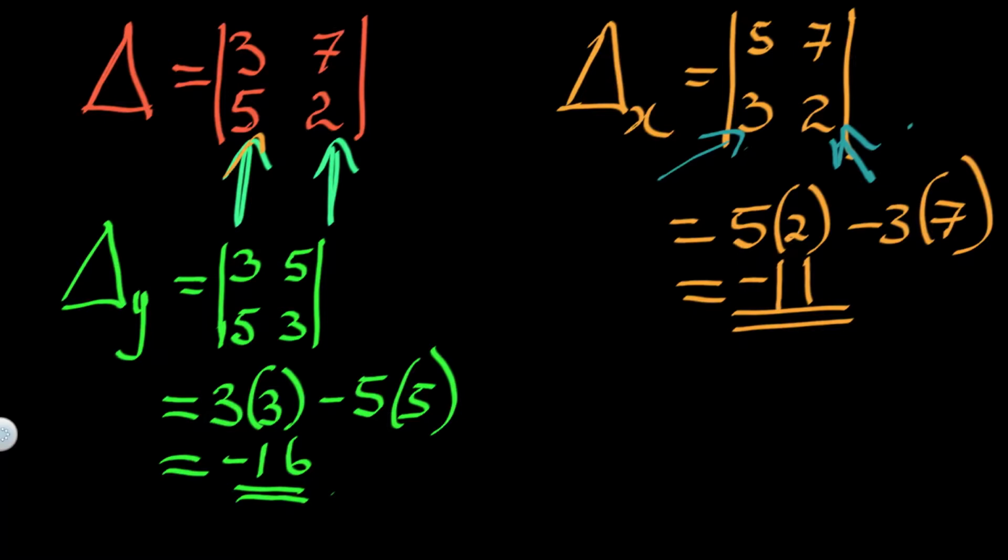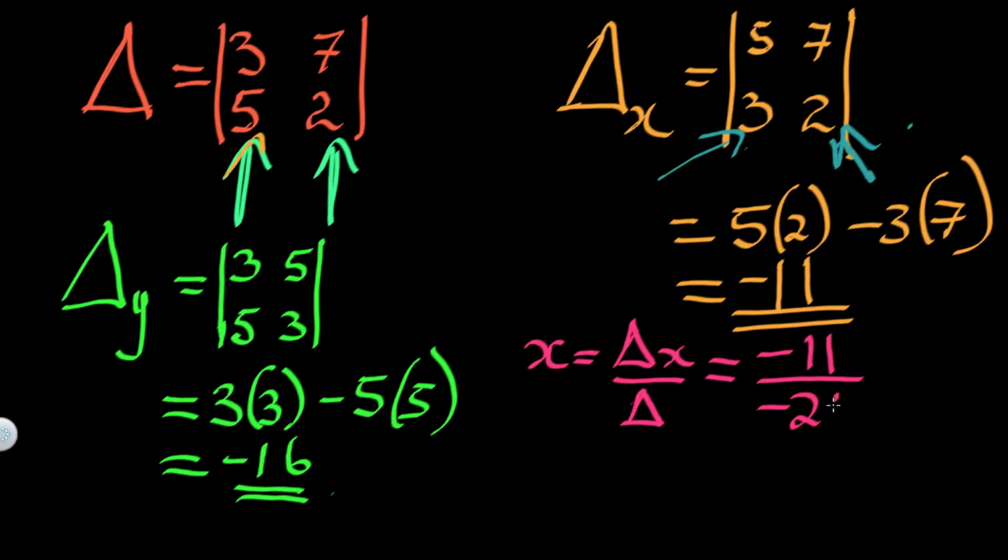Now that we have delta, delta x, and delta y, we can now apply our Cramer's rule to get our x and our y. So let me use a different pen. Now, x is equal to delta x over delta, which in our case is delta x, minus 11, divided by delta, which we got is minus 29.